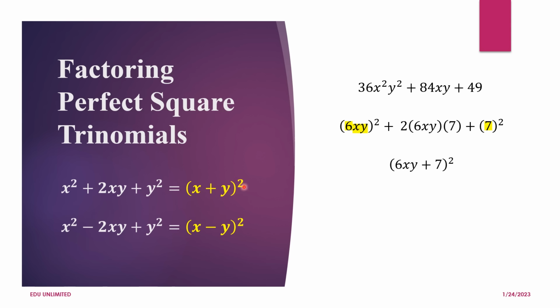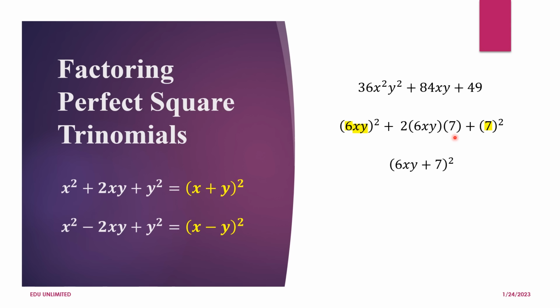So we pull in from this format, we would now read open bracket 6xy close bracket all squared plus 2 open bracket 6xy close bracket, because 6xy represents x, and open bracket 7 close bracket because 7 represents y.